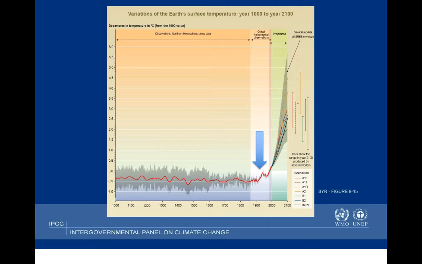For the climate scientists, this again reduced the uncertainty associated with the temperature, both in terms of the representativeness as well as in terms of the quality of the observations.